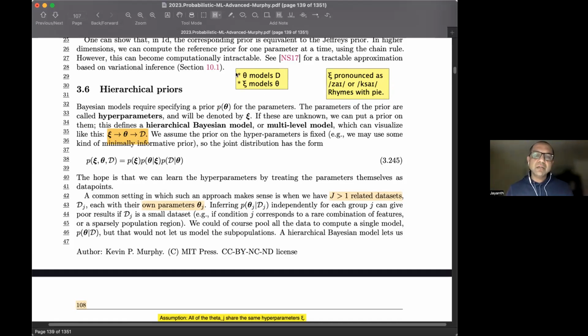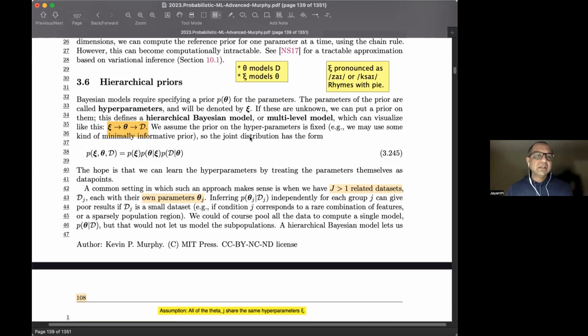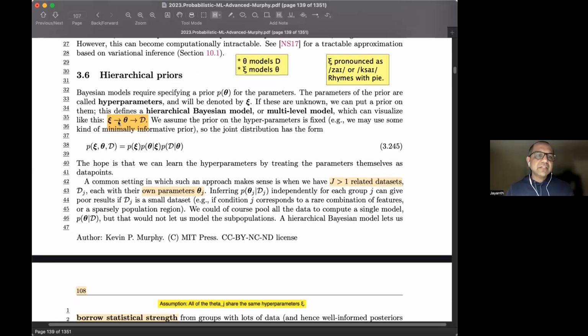The way I understood it is that we have theta, the set of parameters that models our data D, whatever the observed data is, and then psi models theta. So it's a level of interaction from psi to theta to D.